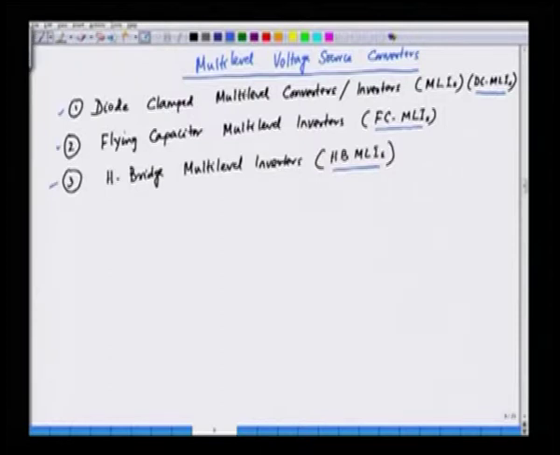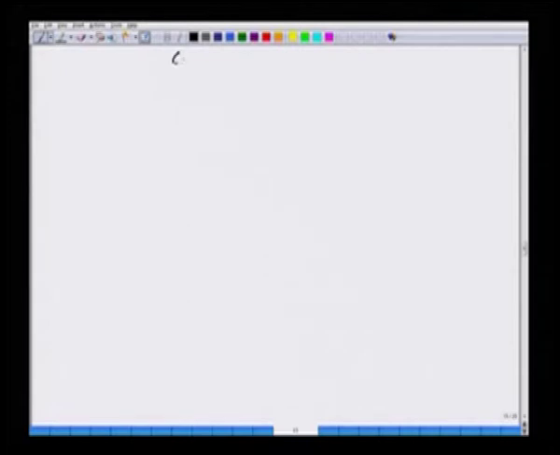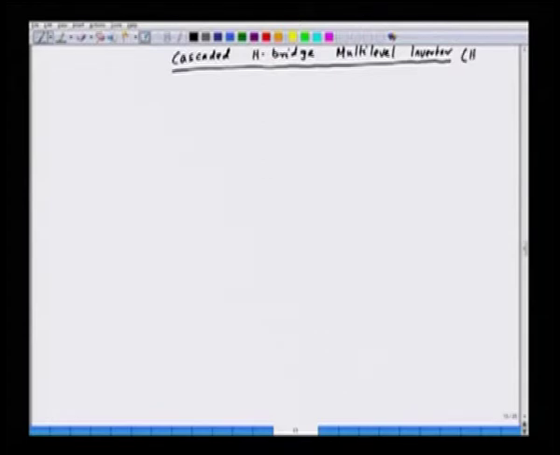Let us look at this topology of the cascaded H-bridge multi-level inverter, or HB MLI.